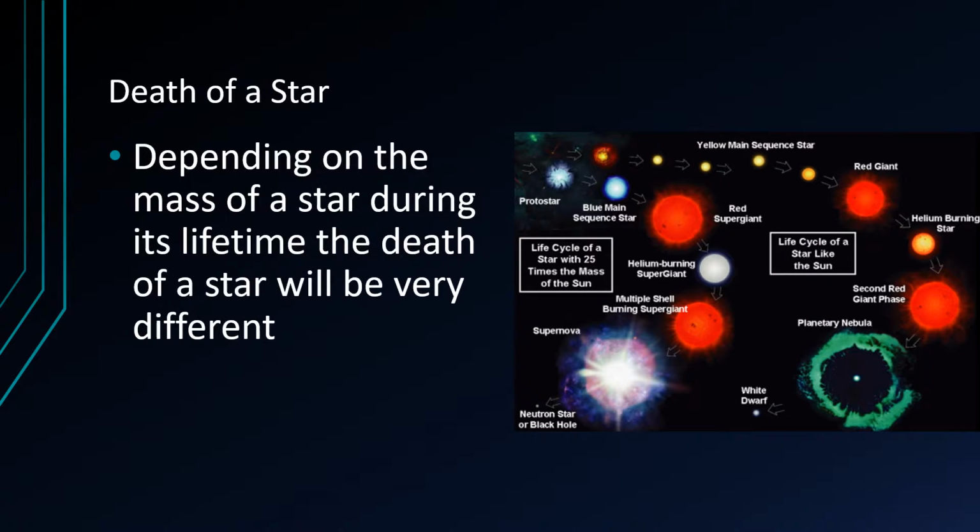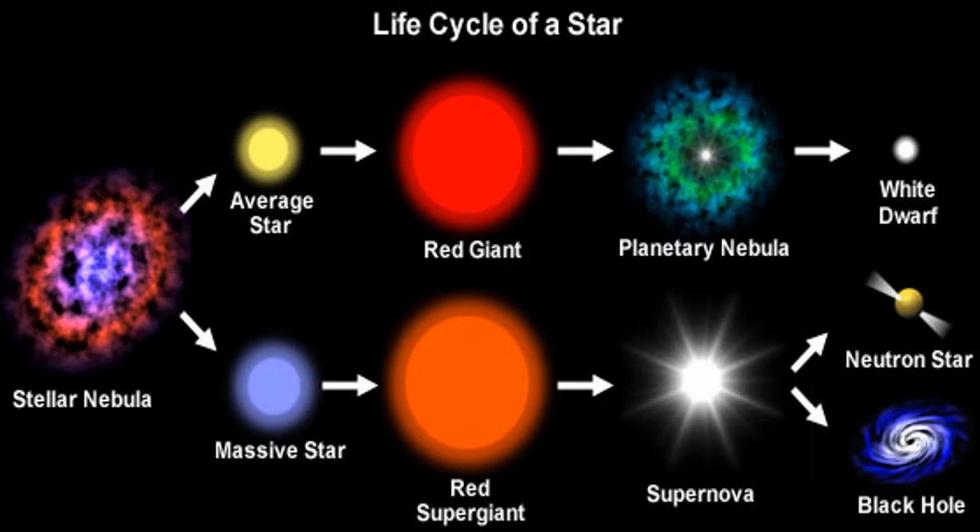Now, depending on the mass of the star during its lifetime, the death of the star is going to be very different. So let's take a look. So we have two different paths here. We have the low mass stars. These are going to be similar to the sun.